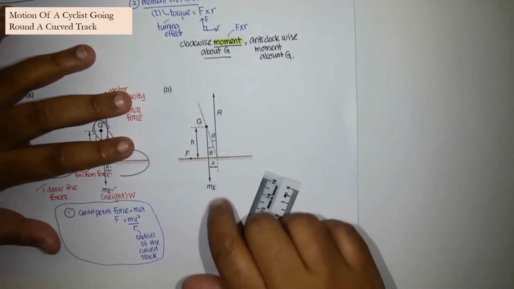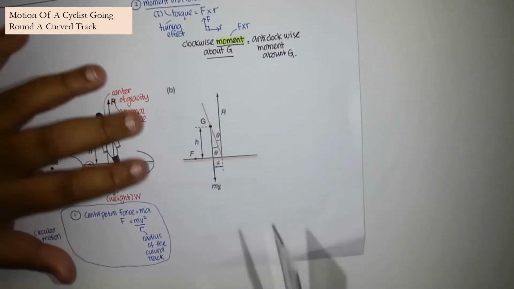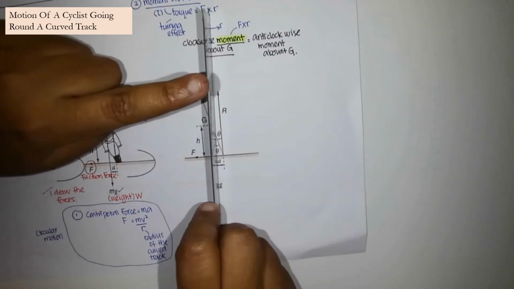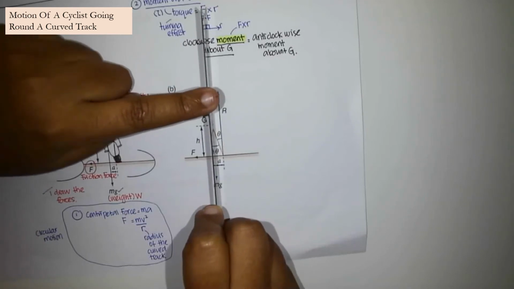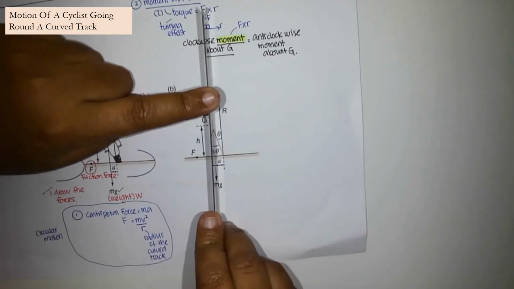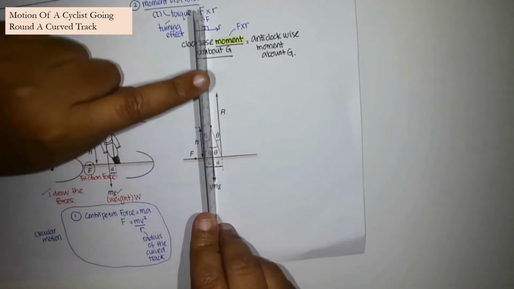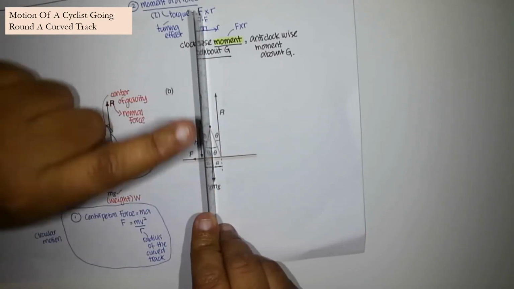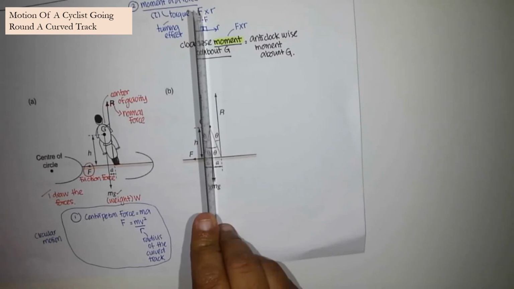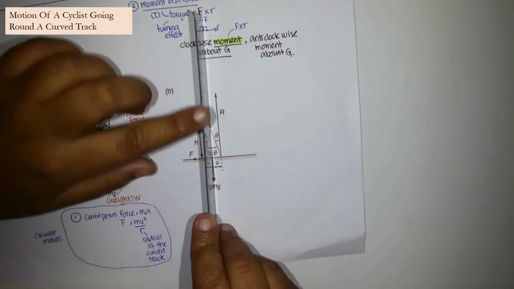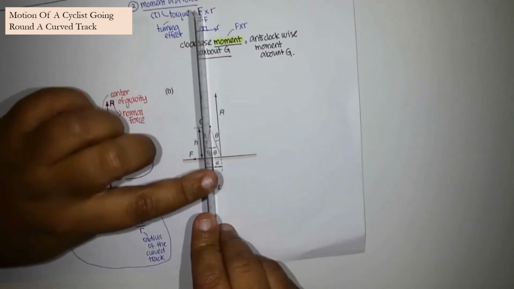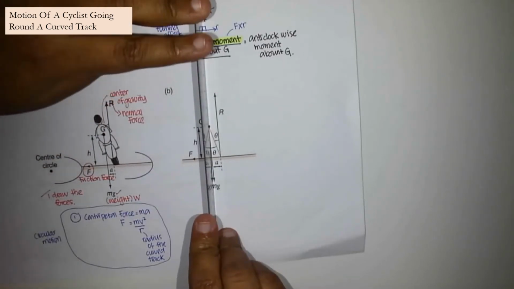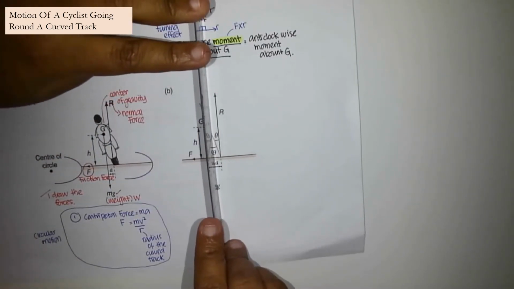About G means we take the moment about G. Whatever forces are in this line, we don't include in the formula. Actually, if you include them, it will become 0, because of the R. So we just take the moment about G.